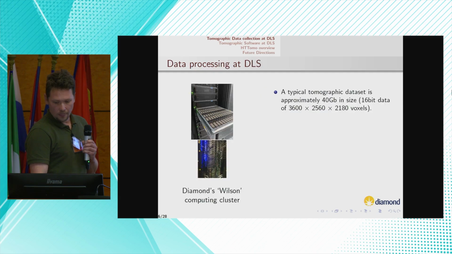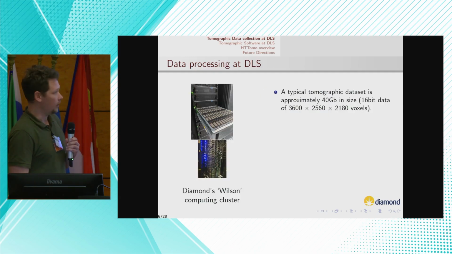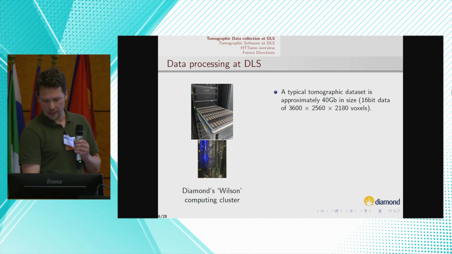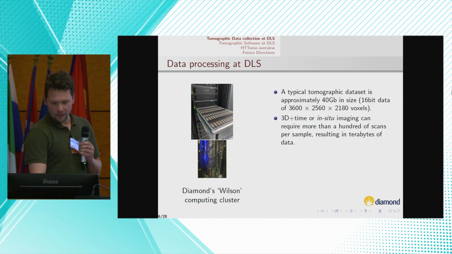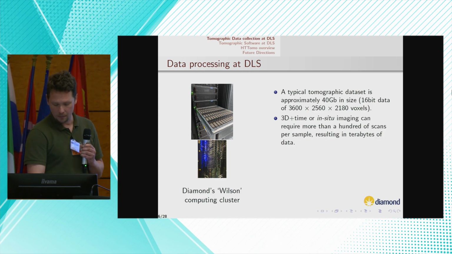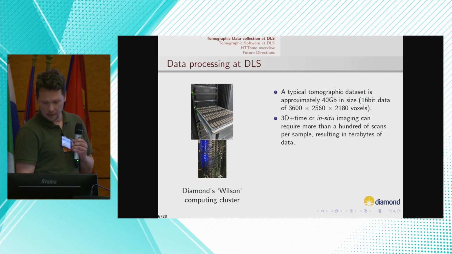So a typical data set that we're working with is 40 gigabytes in size, 16-bit data type, so approximately 3,600 projections collected in a 3D plus time setup. There could be hundreds of gigabytes, sometimes terabytes, when you need to perform hundreds of scans, obviously.